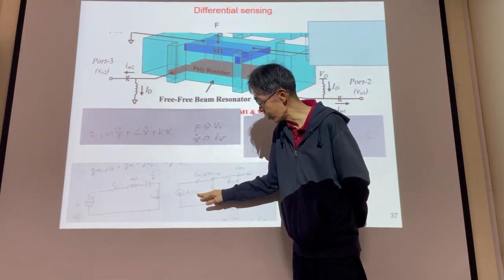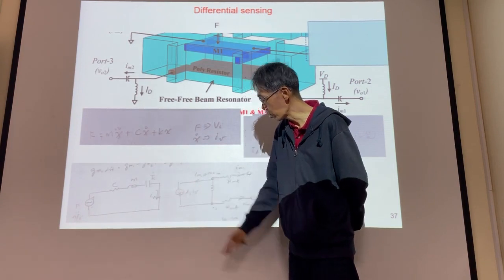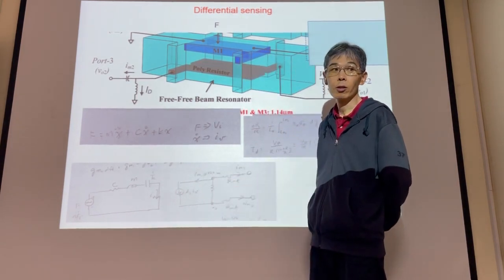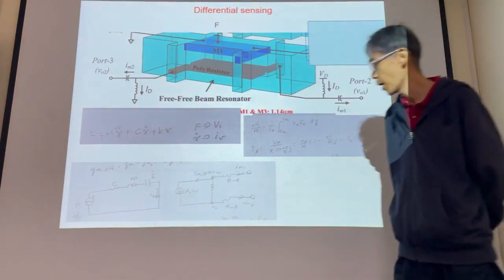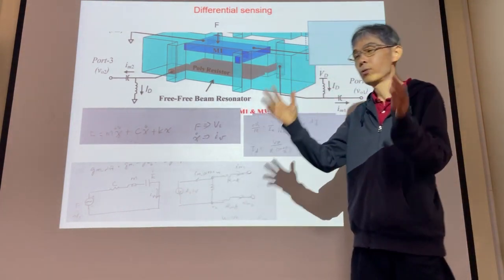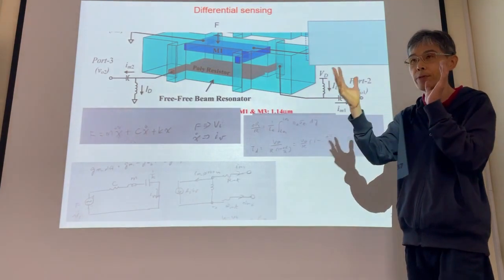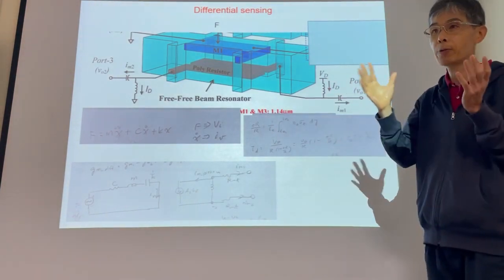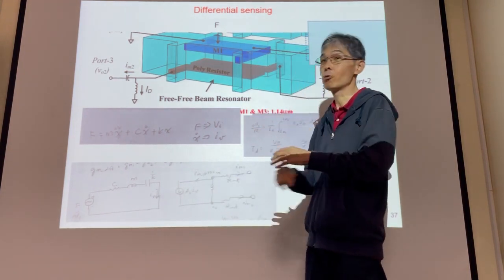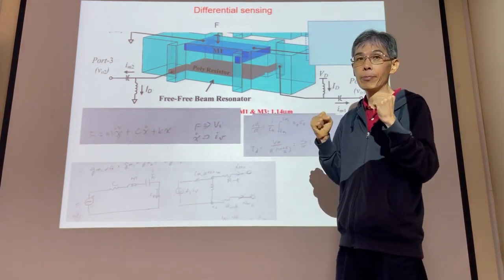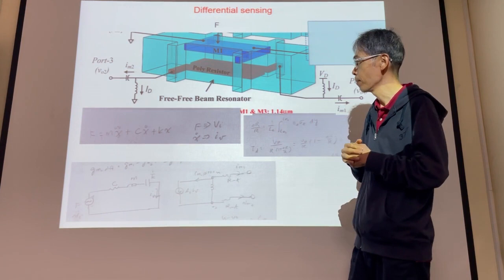So AI, IV, this one is the current for this electrical counterpart. So AI is a coupling factor, the coupling between the mechanical system and the electrical system.